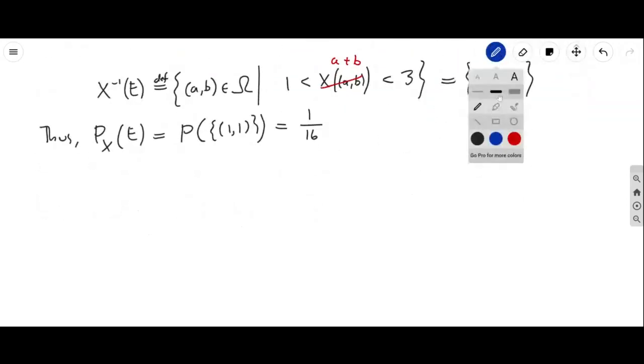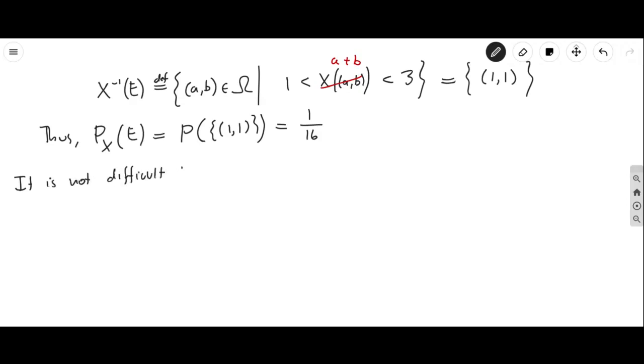So it's not difficult to see that this induced measure is a discrete probability measure on the Borel algebra.